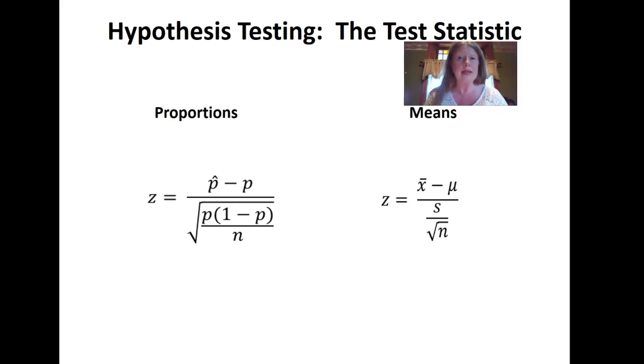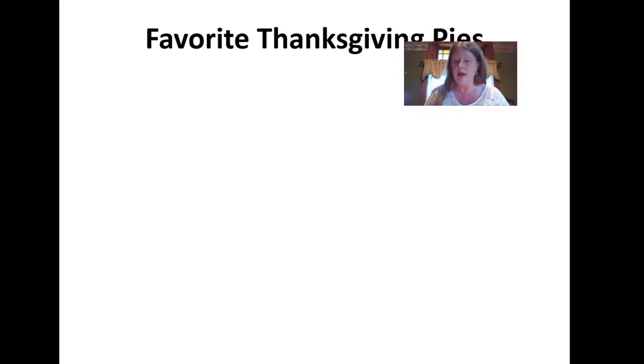So the general format is very similar, but the pieces are going to be a little bit different depending on whether you're dealing with proportions or means. And again, we're going to practice this in a little while. I have an example coming up with proportions, one coming up with means. So we're going to get lots of practice.